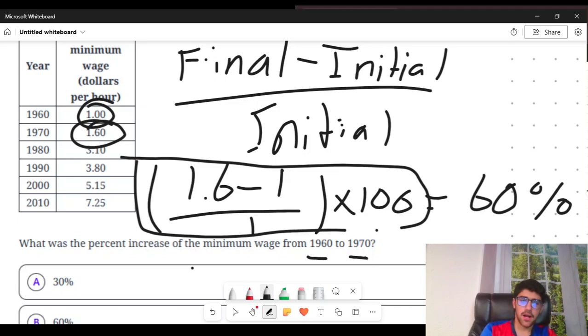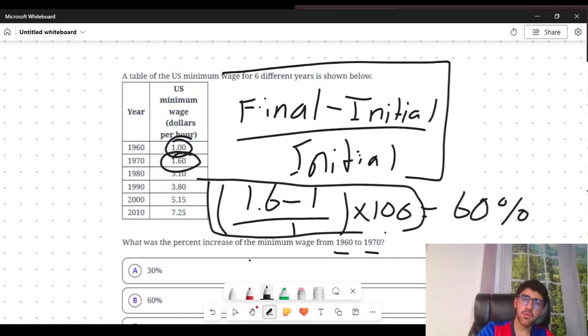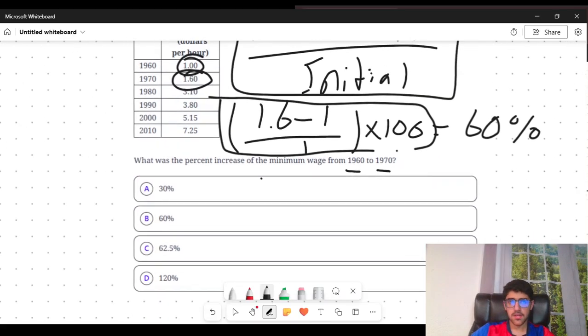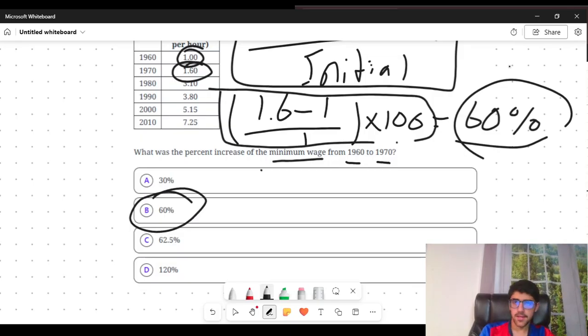But in other examples, it's not always going to be a number like 1, 10, or 100. So you should always know this formula, because although for this one you could have just said, okay, it went from 1 to 1.6, that's 60%, it won't always work like that. So the percent increase of the minimum wage is 60%. So that is option B.